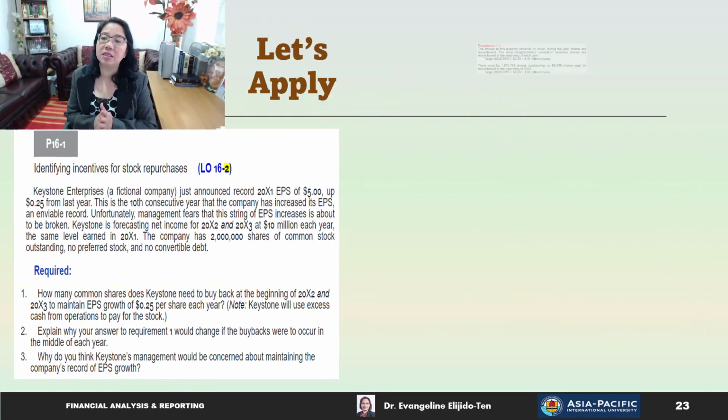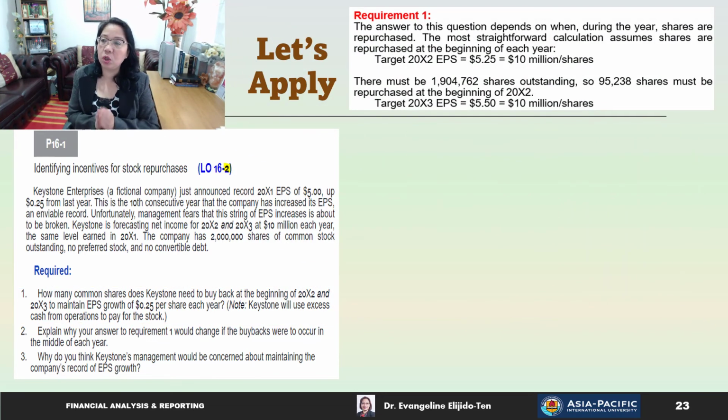Now, to answer this question, it would depend on when during the year the shares are repurchased. The most straightforward calculation would assume that shares are repurchased at the beginning of the year. The target 20x2 EPS is $5.25 and income is 10 million. So if we divide 10 million by 5.25, you would get 1,904,762.